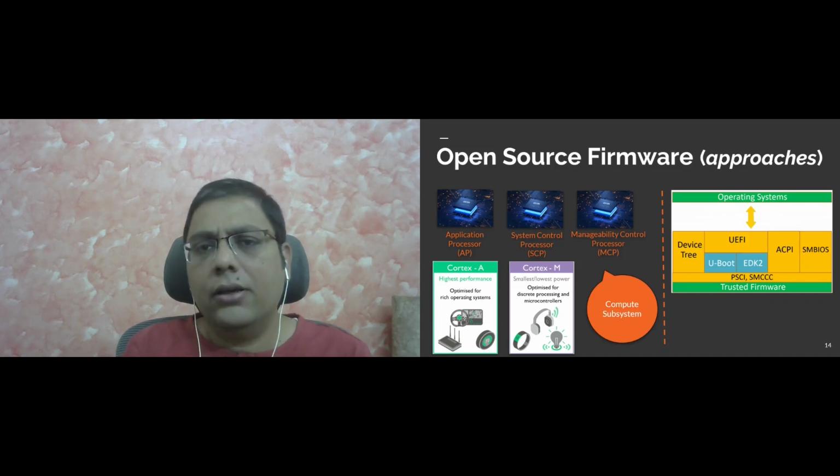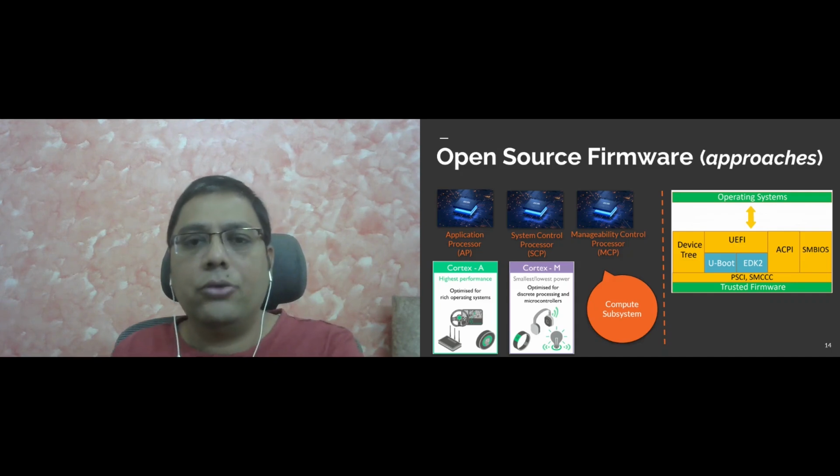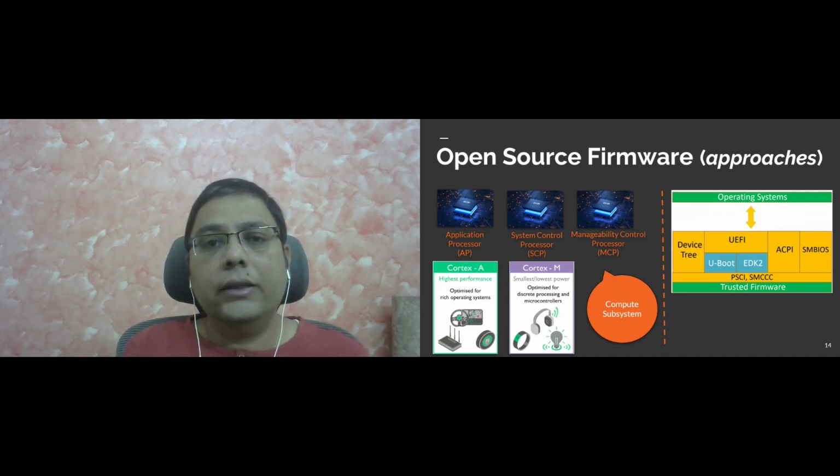Instead of the Das U-Boot and the EFI approach, we can also directly use the EDK2 TianoCore EFI boot firmware to boot GRUB2 and the operating system subsequently. Also note that the hardware or the power state description here is usually supplied by the device tree blobs or the ACPI tables respectively.